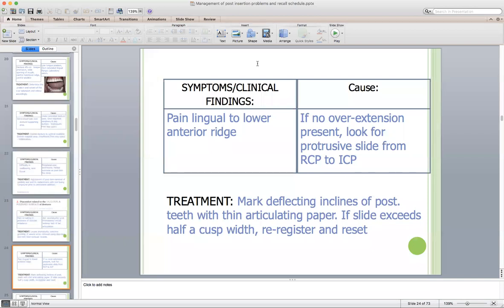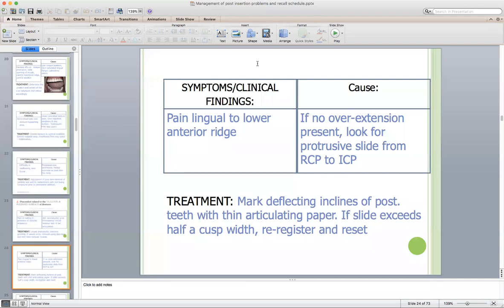How? Many a times it happens that the patient complains in the lower anterior region. Firstly, we have to check for overextension. If overextension has been rectified or is not present, then we have to check for the protrusive slide, that is the slide of the lower anteriors against the maxillary anteriors.